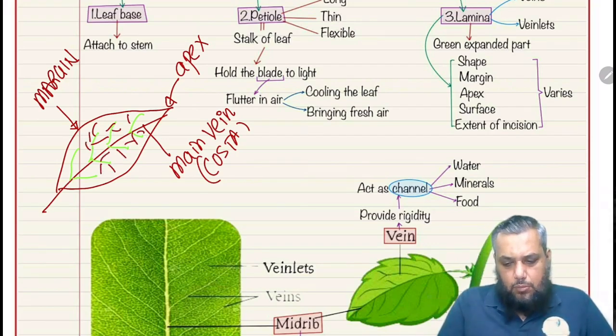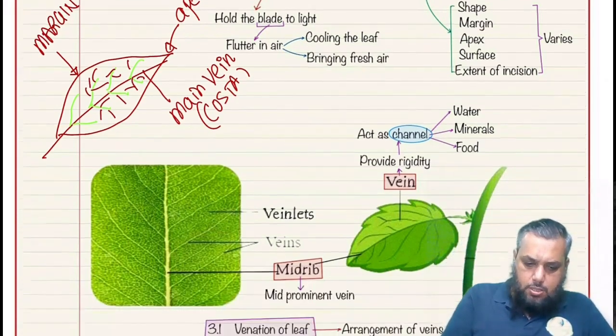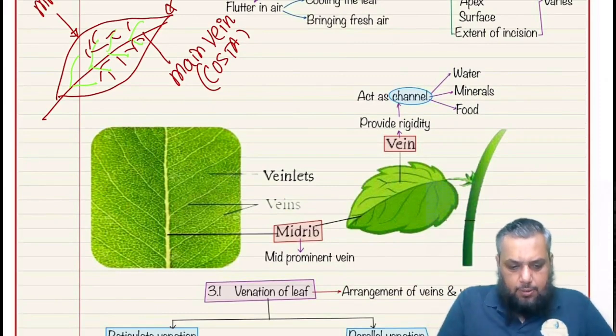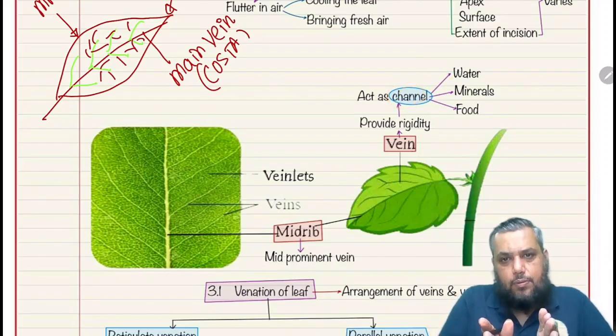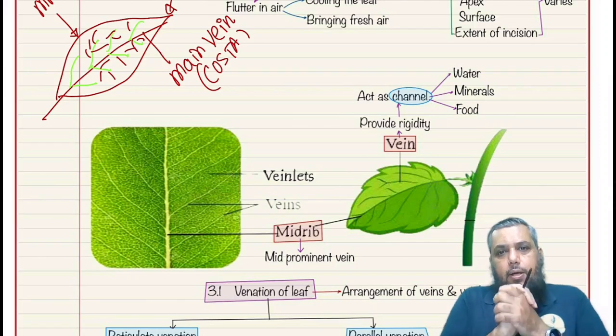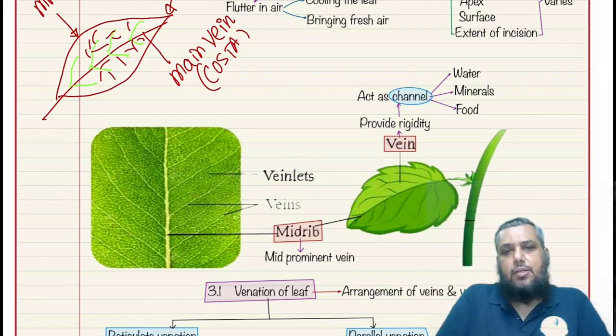Now if you observe this over here, the main vein, veins, and the veinlets provide a channel, conduits, रास्ते, जिसके थ्रू लीफ के हर सेल तक वाटर मिनरल्स पहुंचेंगे, और लीफ जो फूड बनाएगा वो उसी चैनल्स में डाल दिया जाएगा, and from there it will reach the rest of the plant body.